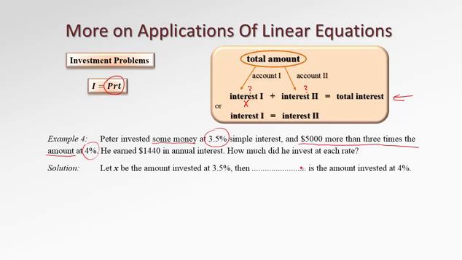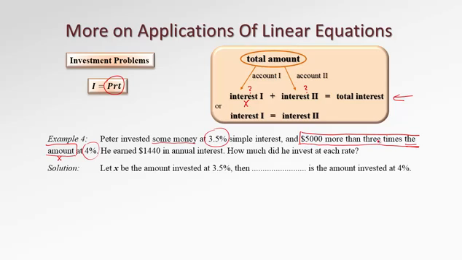Then we need to figure out the expression that represents the amount invested at 4%. Well, this expression is written over here up to this point. 5,000 more than 3 times the amount. Notice the word "the". This suggests that we refer to the amount of money invested at 3.5%. So the amount is the same as x.